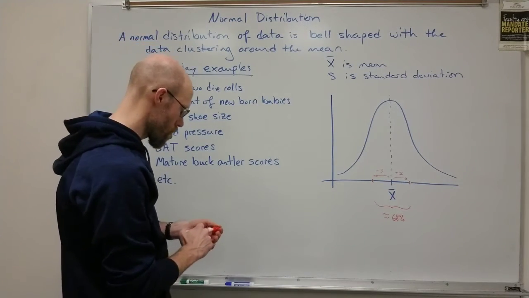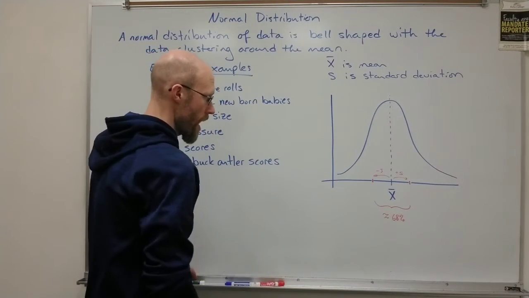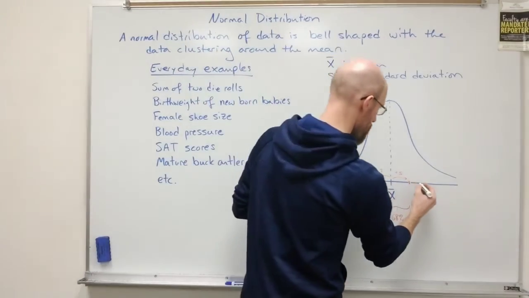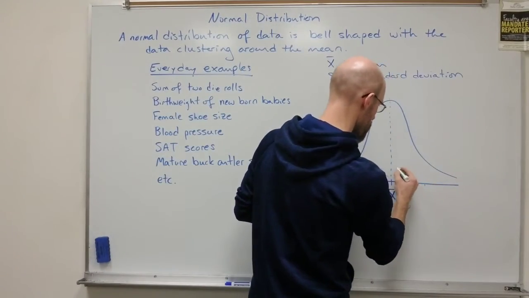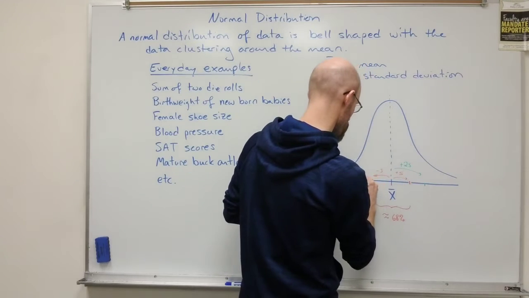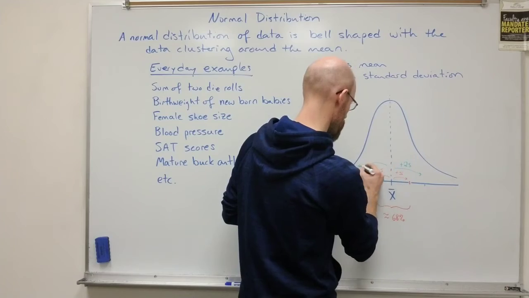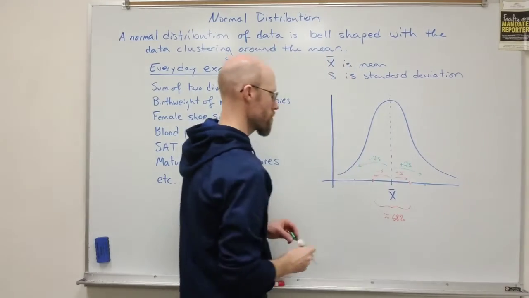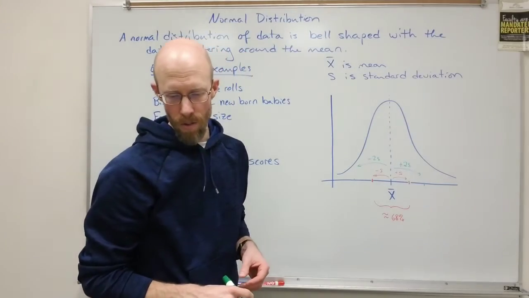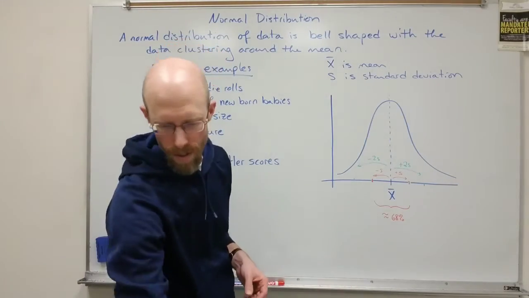If we wanted to go to 2 standard deviations, so if you were to add 2s or subtract off 2s, then in theory you'll get about 95%, I think it's 95, right?